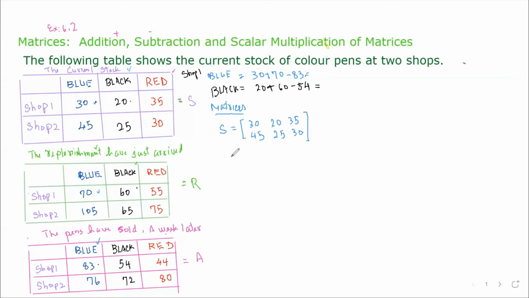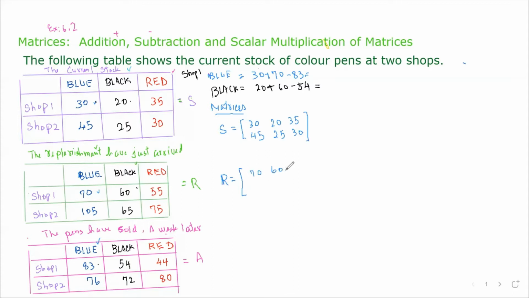Okay. And then this are the one you get more cargo, right? So that means you increase. So then you can write in the matrix pattern gonna be 70, 60, 55.